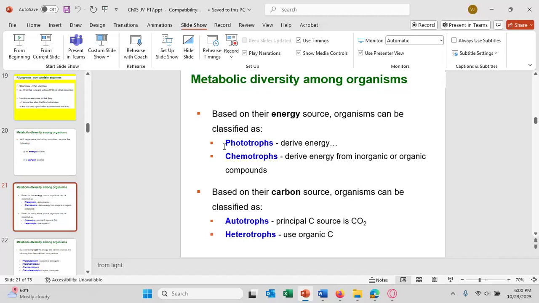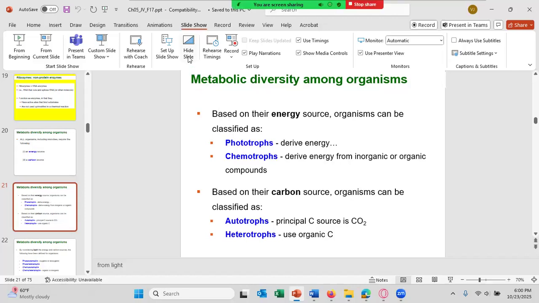For humans, we derive our energy from an organic compound, such as glucose. But there are some chemosynthetic bacteria that can derive their energy from an inorganic chemical compound. And we'll talk a little bit more about them in the next couple of slides, the chemosynthetic bacteria.